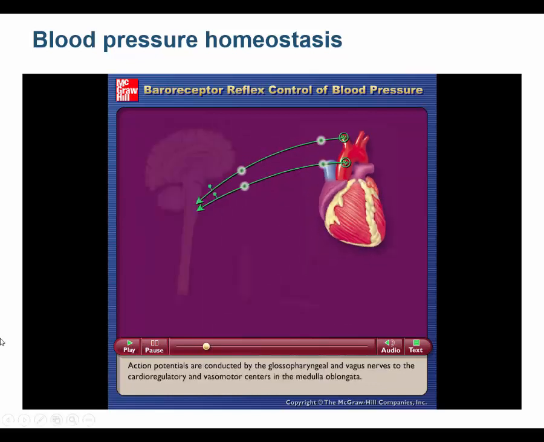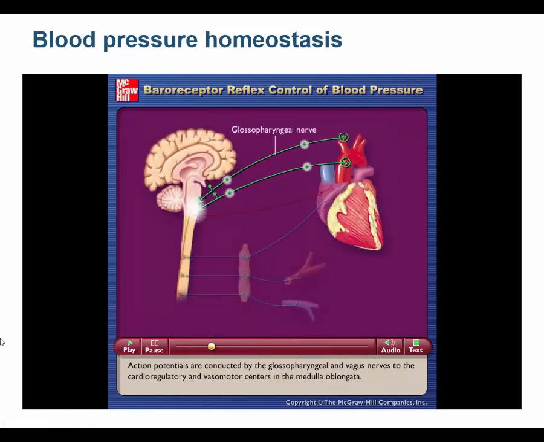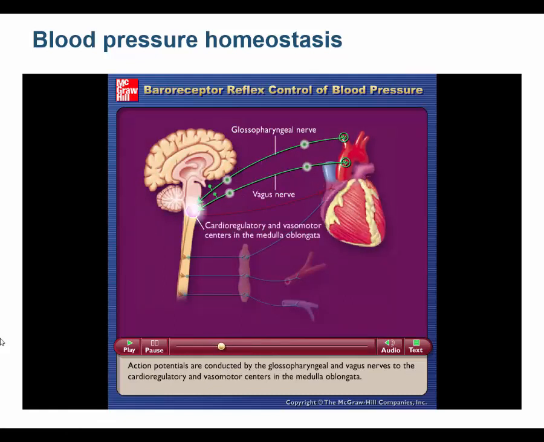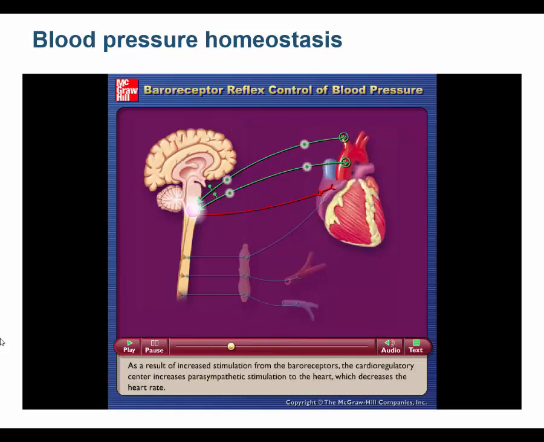Action potentials are conducted by the glossopharyngeal and vagus nerves to the cardioregulatory and vasomotor centers in the medulla oblongata. As a result of increased stimulation from the baroreceptors, the cardioregulatory center increases parasympathetic stimulation to the heart, which decreases the heart rate.